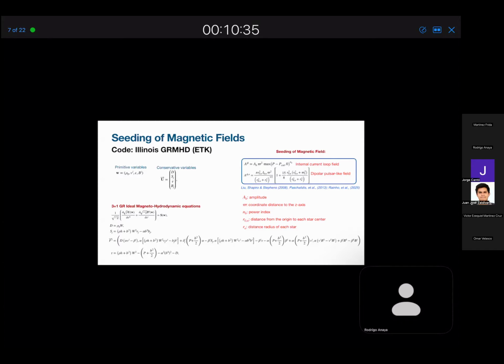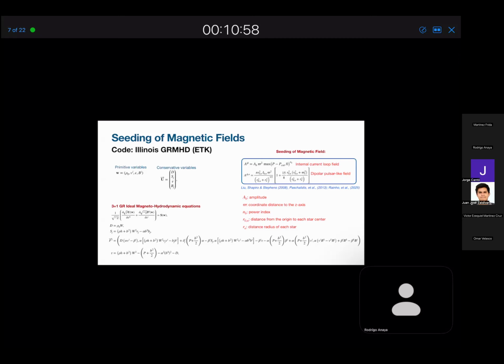For making these magnetic fields be located in our domain and within our neutron stars, we do the so-called seeding of these magnetic fields. The most famous in the literature are these two current type magnetic field ansatz. The first one is if we seed an internal current loop field.